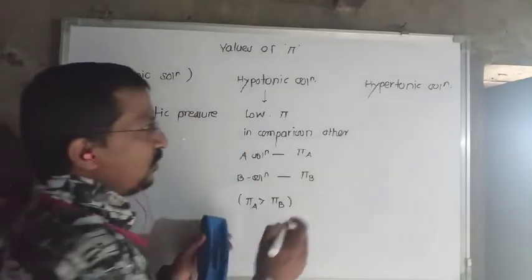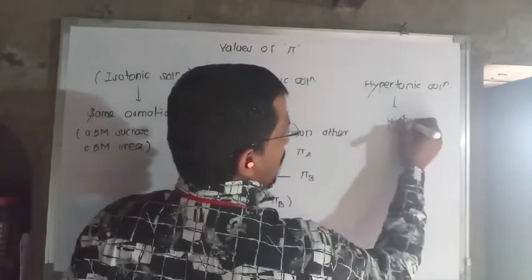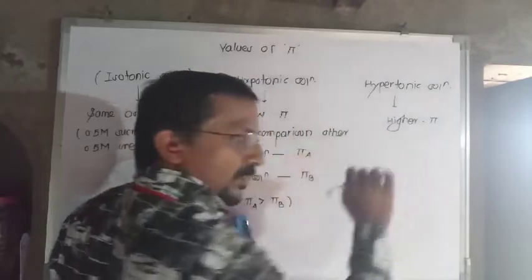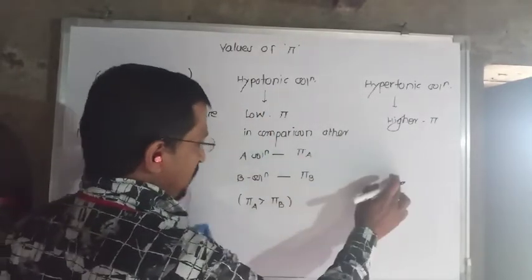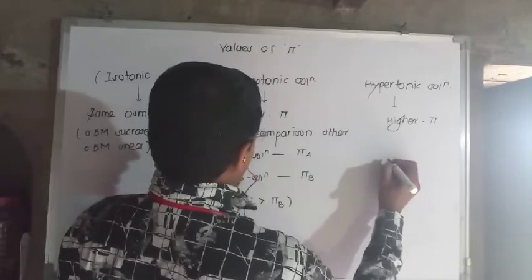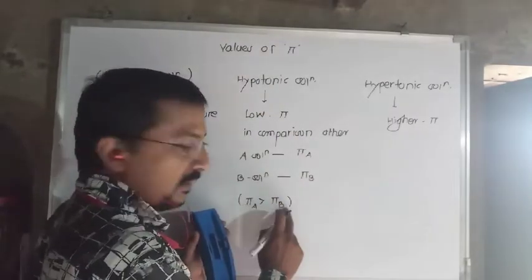And hypertonic solutions are the solutions which have a high value of osmotic pressure in comparison with another solution. If I take the same example here, A solution has more osmotic pressure than B solution.